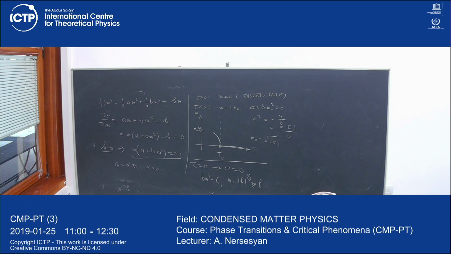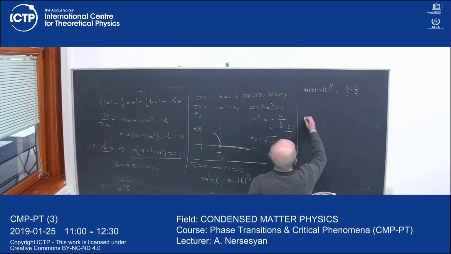Okay. So this result, by the way, gives us the value of one of the critical exponents in the theory of phase transitions, the exponent which determines beta. In the mean field, in Landau theory, it is just 1/2, as follows from here.